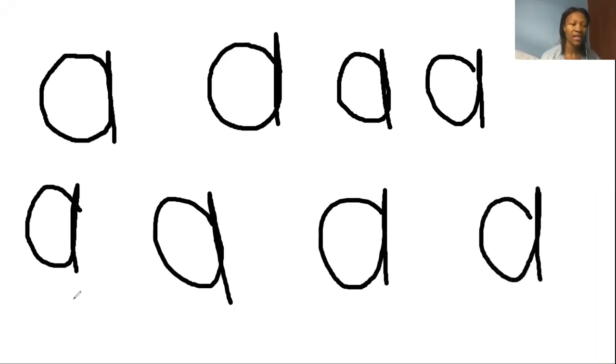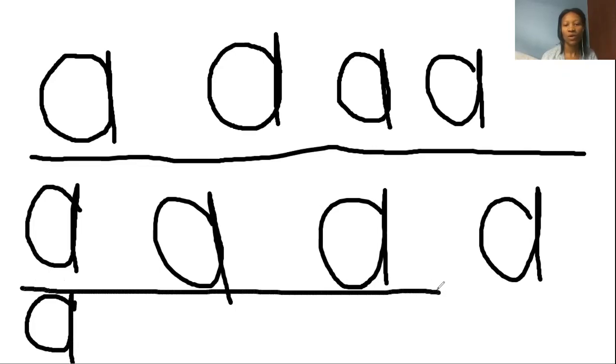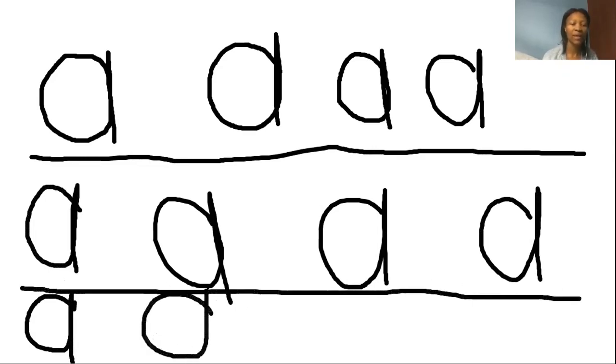It would be very nice if you're starting on the left side of the page. We start to write on the left and we go to the right. From left to right. Very good. Around, up and down.